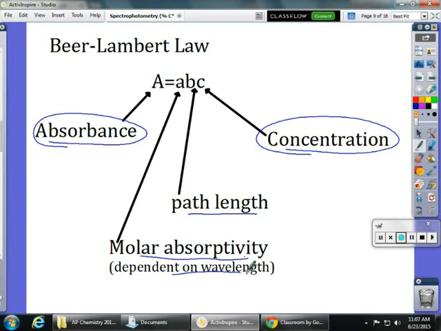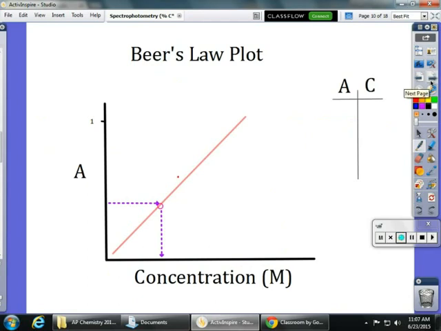For a spectrophotometer, we keep these two things constant. If we use a cuvette that has a fixed path length and we have the same substance, we keep these two fixed. We can simply look at absorbance and concentration and see how they vary. And what we're going to do from that is create what's called a Beer's Law plot, or calibration curve.